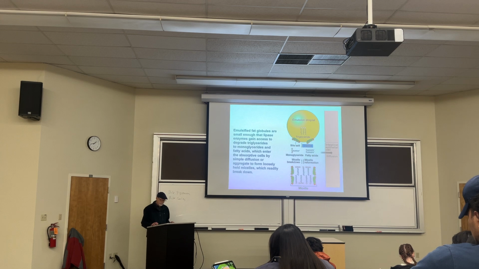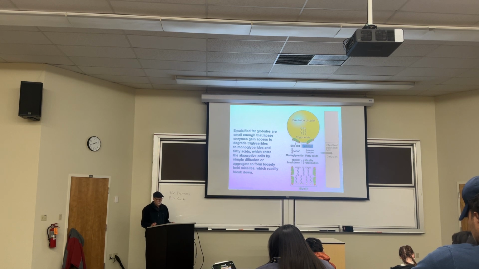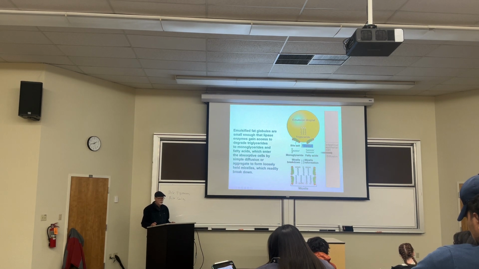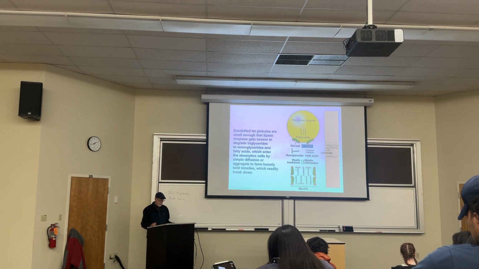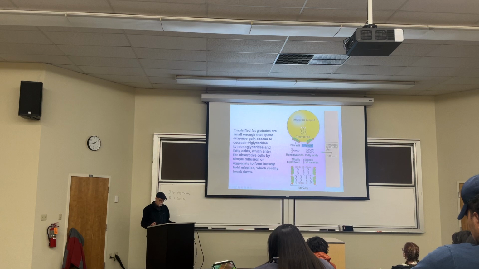As it does that, we have these little structures called micelles. This is a triglyceride. It has a glycerol backbone, the 3-carbon backbone, and then 3 fatty acids, 1, 2, 3. That's a fat, a triglyceride. The lipase can clip off usually 2 or sometimes 3 of those fatty acids to make free fatty acids, as shown here, and monoglycerides.